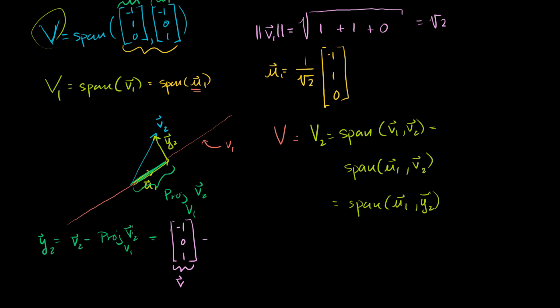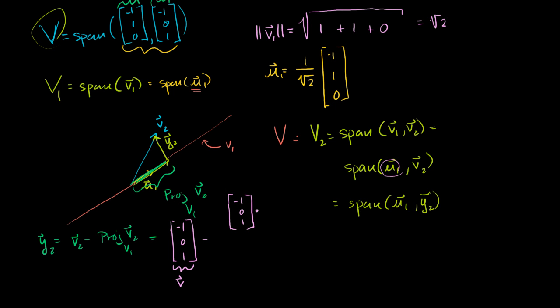Well, the projection of the vector v2 onto the subspace v1 is just v2, minus 1, 0, 1, dotted with the orthonormal basis for v1. The orthonormal basis for v1 is just u1, and we solved for u1 up here. So that's going to be that dotted with 1 over the square root of 2 times minus 1, 1, 0. I'll do that in yellow, just so you can see that this is u1.